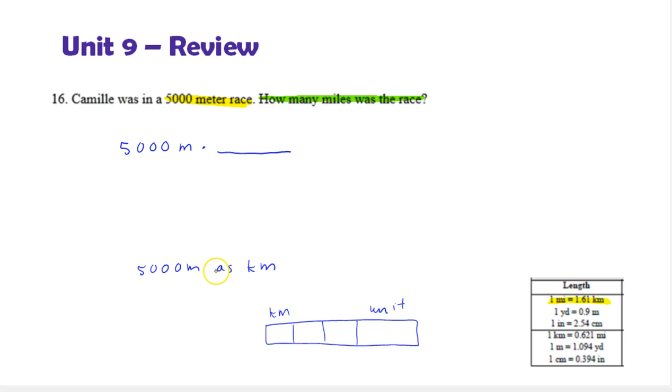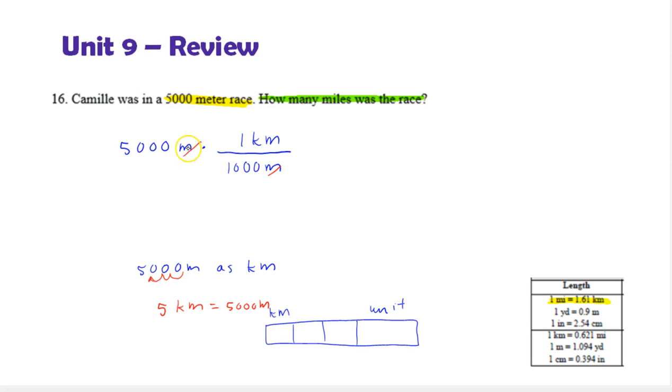So to change meters to kilometers, you can move the decimal 1, 2, 3 places to the left. So 5 kilometers is the same as 5,000 meters. And you can refer back to the chart to check that. So in here, something we could write that's similar is 1,000 meters is 1 kilometer.